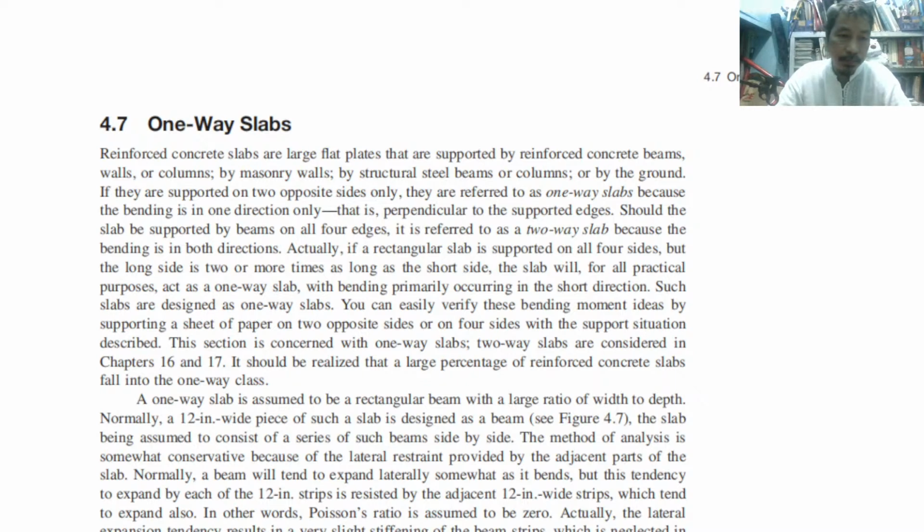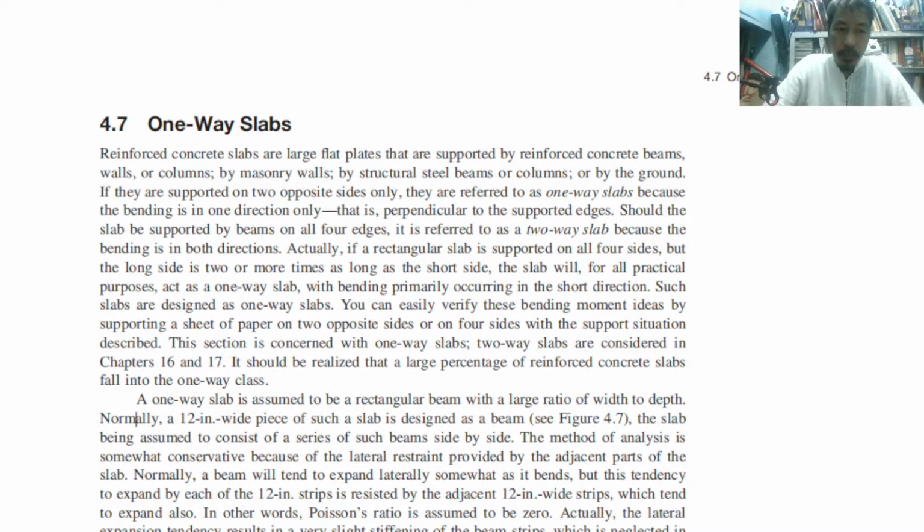One-way slab. So, reinforced concrete slabs are large flat plates that are supported by reinforced concrete beams. So, the slab is used for flooring.